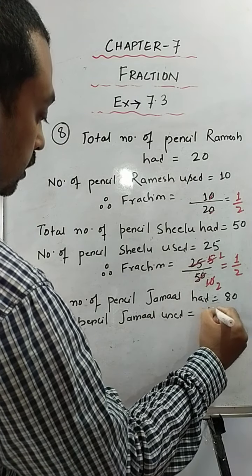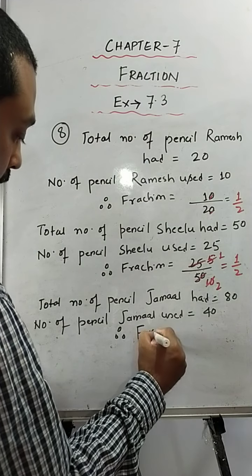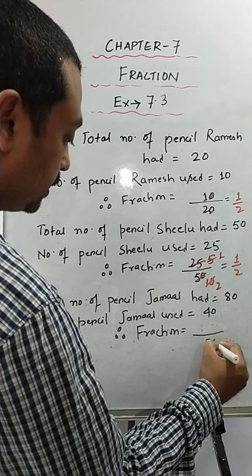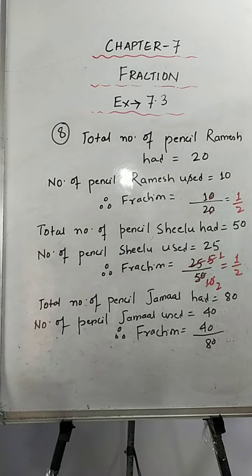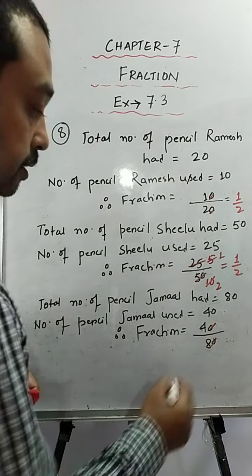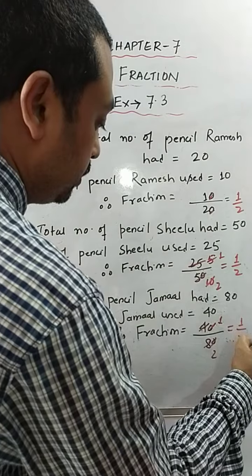That is 40. So the required fraction is, out of 80 pencils he has used 40. If I reduce this, first we reduce the zeros, then 4 1s are 4, 4 2s are 8. So your answer is again 1 by 2.